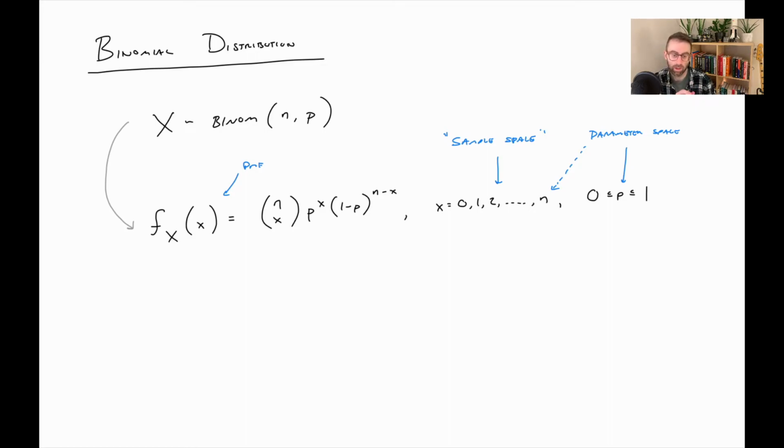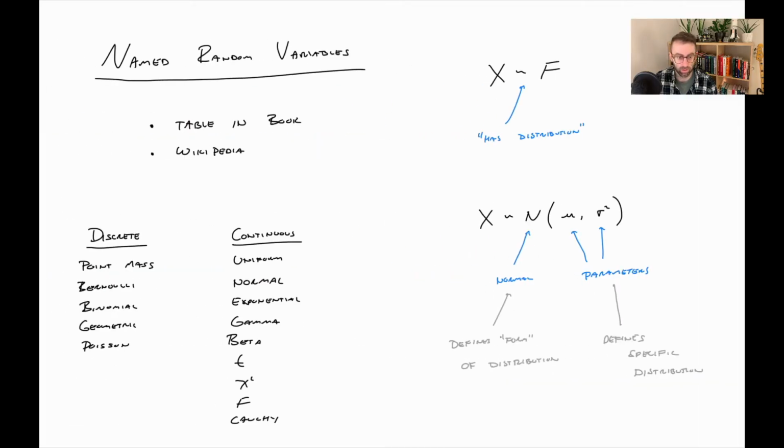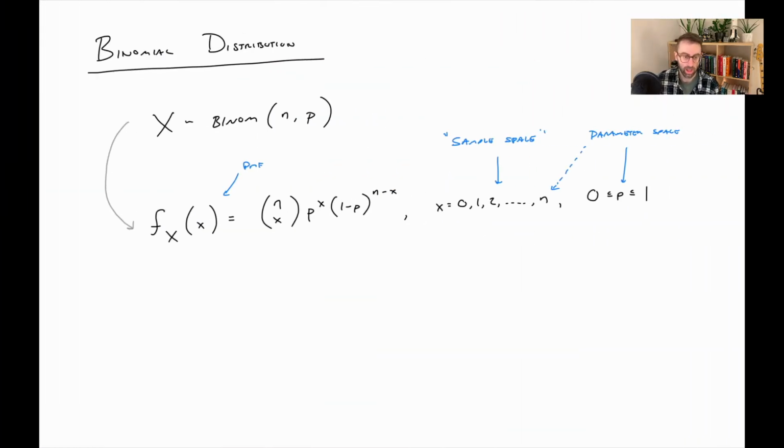Okay, but like I said, this is really only defining the form of the distribution. If I specify particular values of the parameters, so if I say n is 20 and p is 0.3, well, then we get the specific PMF, something like this.